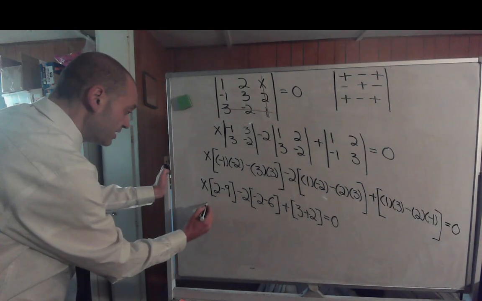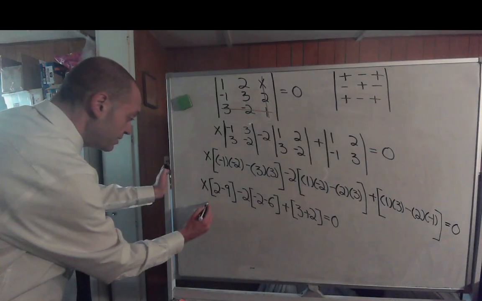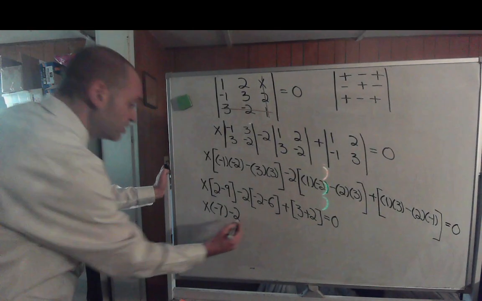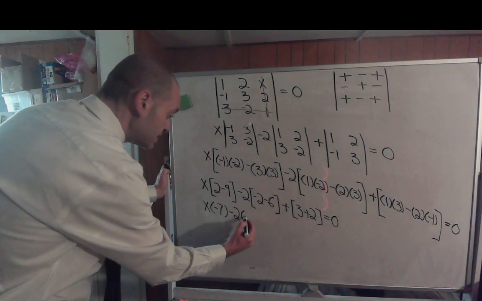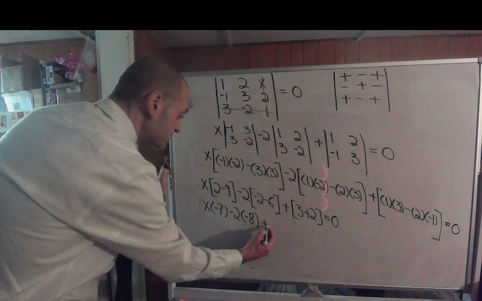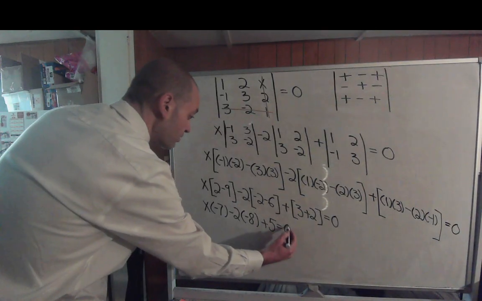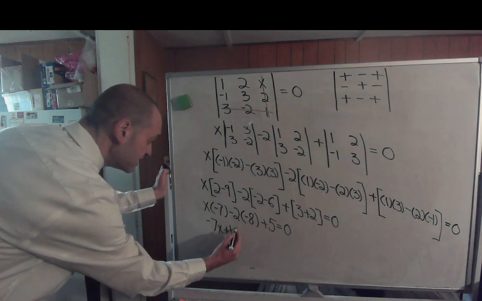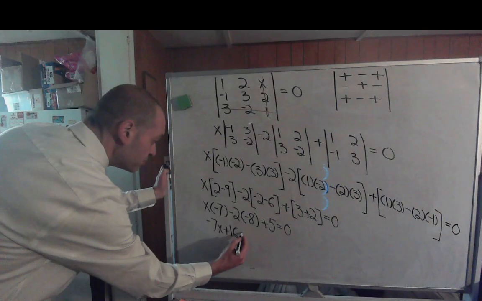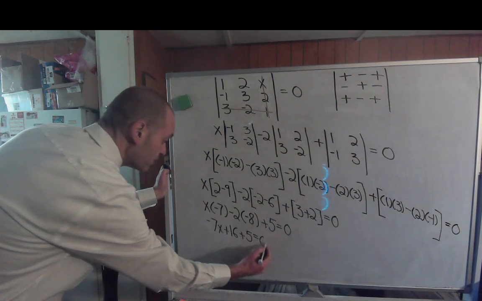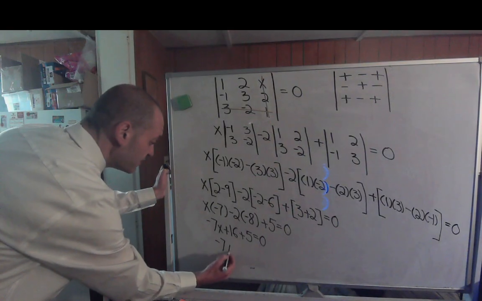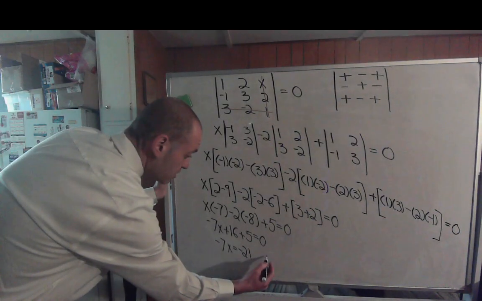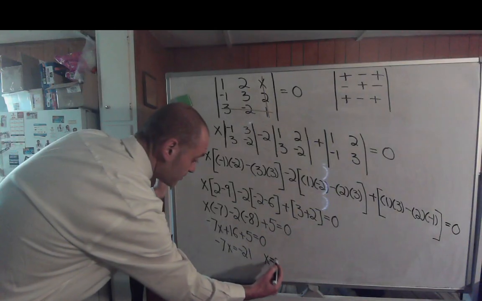Then you'll end up having x times -7 minus 2 times -8 plus 5 equals 0, which would simplify into -7x plus 16 plus 5 equals 0, which would be -7x equals -21, which would just give you that x equals 3.